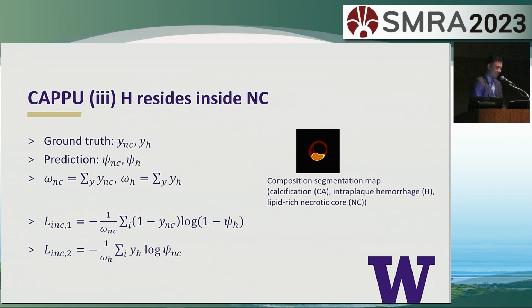And the third is a topological constraint. As we all know, hemorrhage always resides inside the lipid-rich necrotic core.